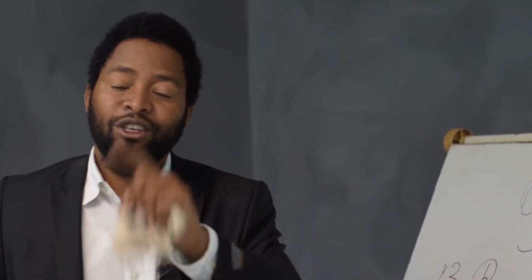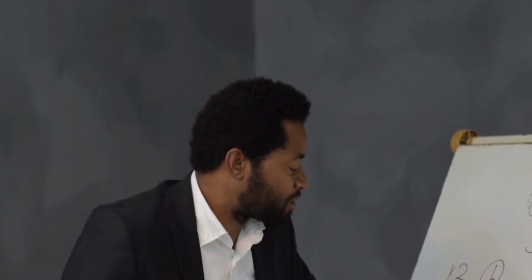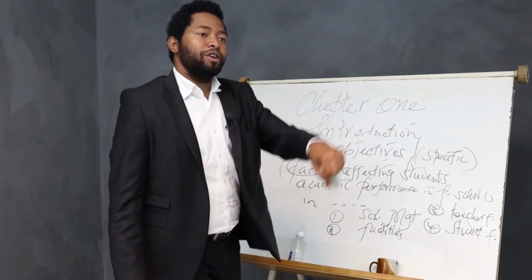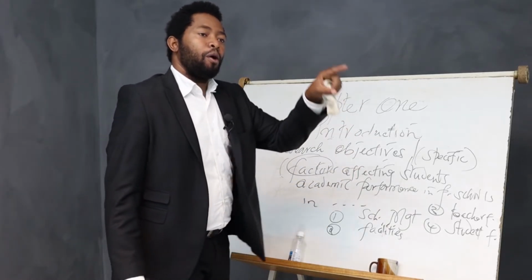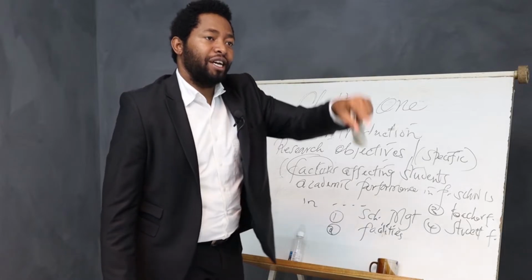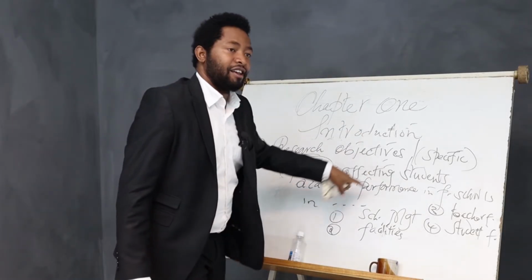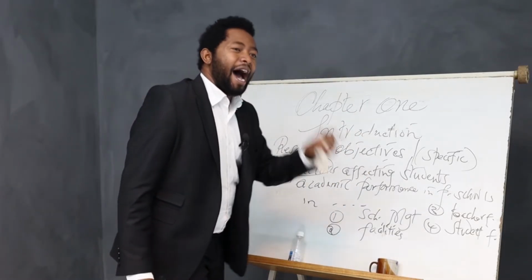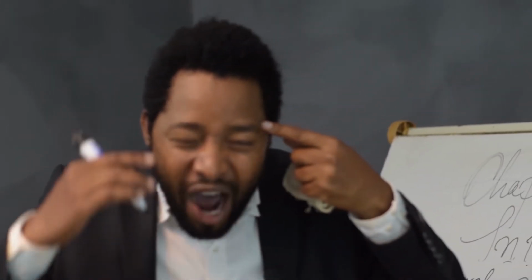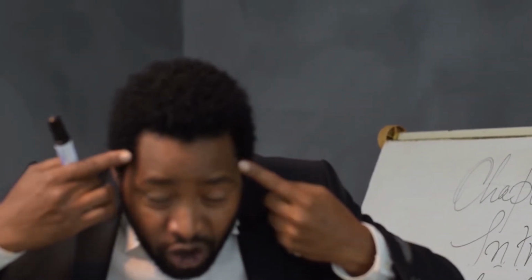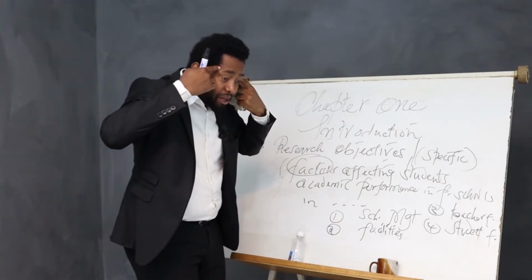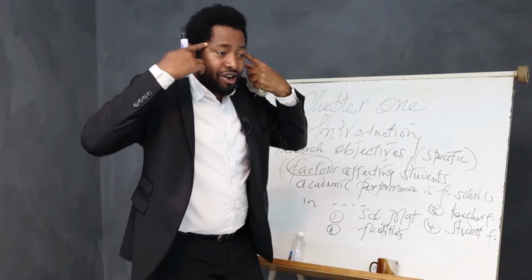So how do you arrive at research objectives? You arrive at research objectives based on the general research question, which is, what are the factors? Or based on the general research objective, which is to find out the factors affecting. This we call hypothesized. You are hypothesizing them. You are theorizing them. You are projecting them, maybe based on your experience or based on literature.